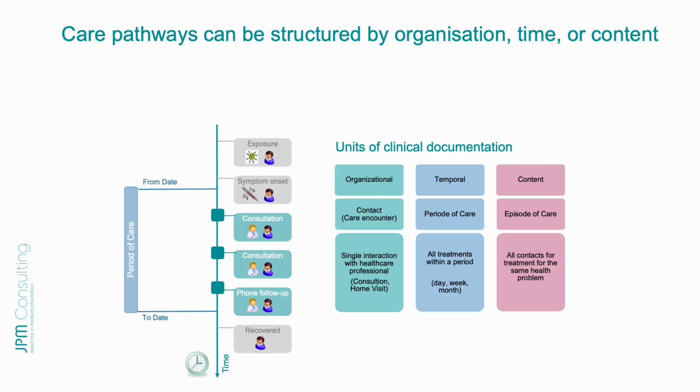Second, the temporal dimension. A period of care groups all treatments within a defined time frame, such as a day, a week, or a month. Third, the content dimension. The episode of care links all contacts and clinical information for the treatment of one specific health problem.